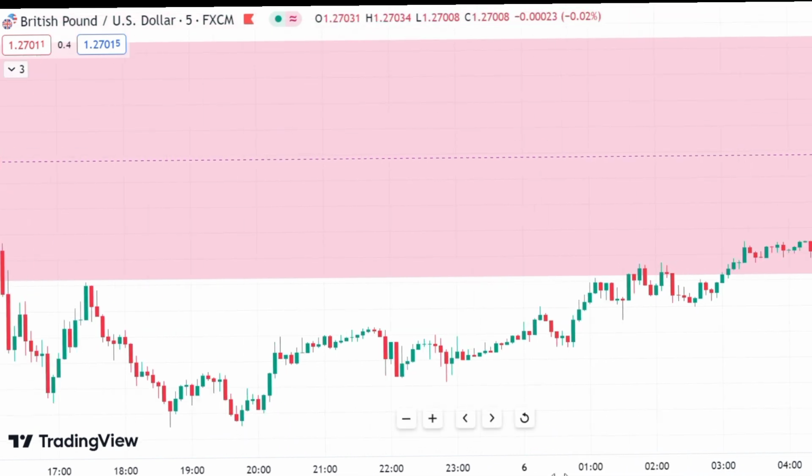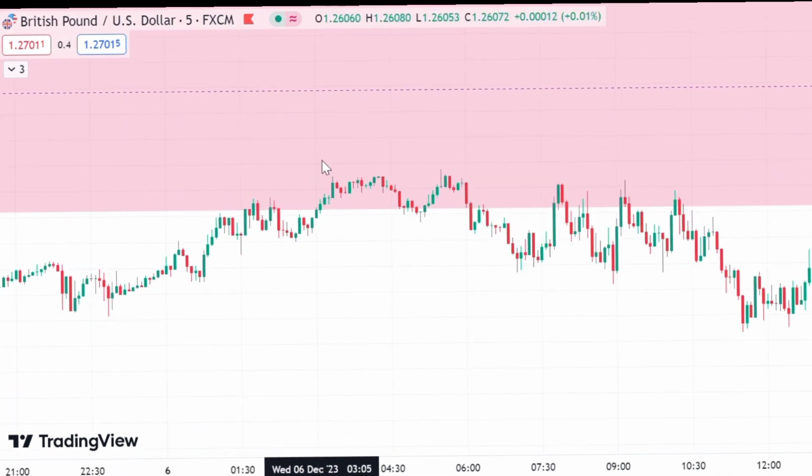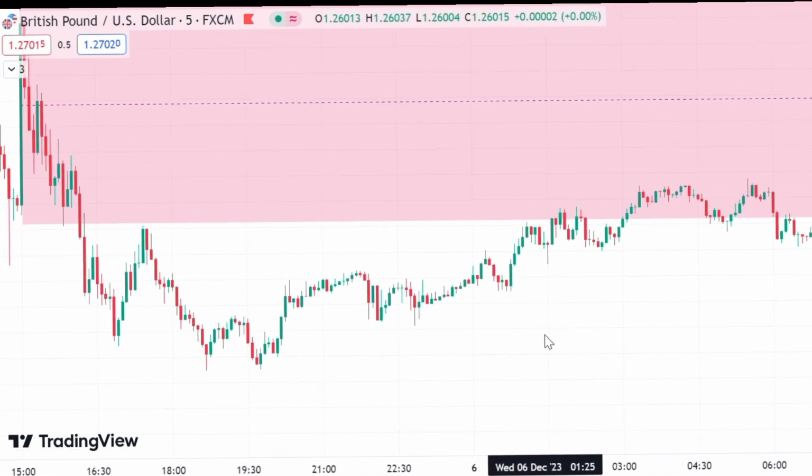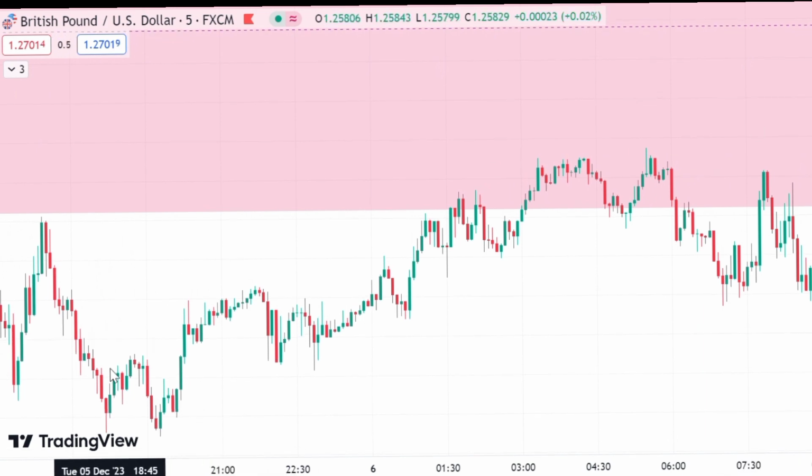And over here, we have the market going down and retracing up back. We have the market retracing up back, and we watch for a change in character from the uptrend bound to a downtrend.